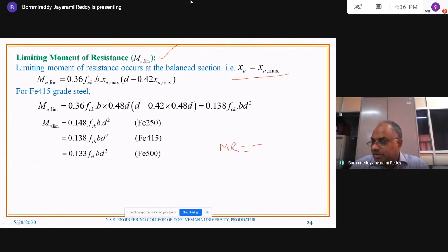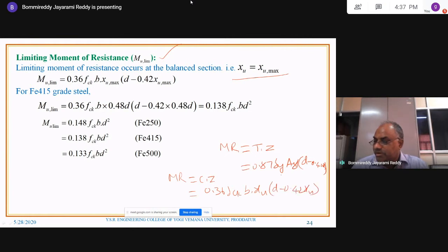If it fails by means of steel, it is T into Z, that is 0.87 fy Ast (d - 0.42 xu). That's the formula. If the moment of resistance is by means of compression, it is 0.36 fck b xu (d - 0.42 xu).